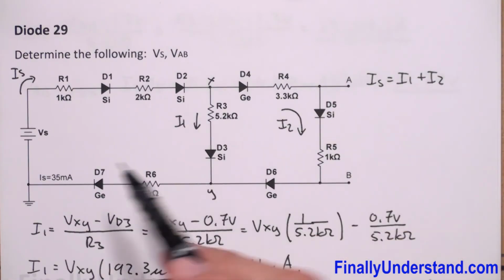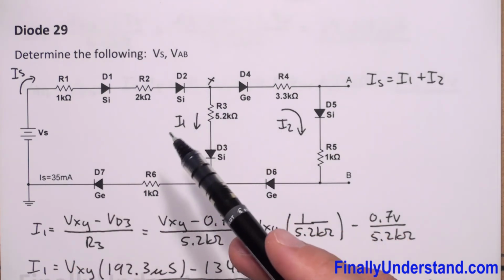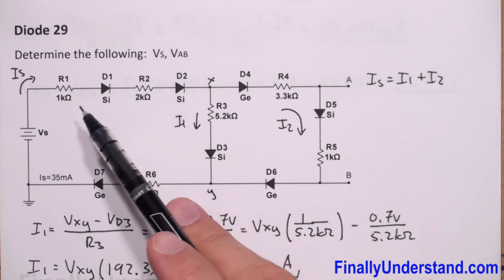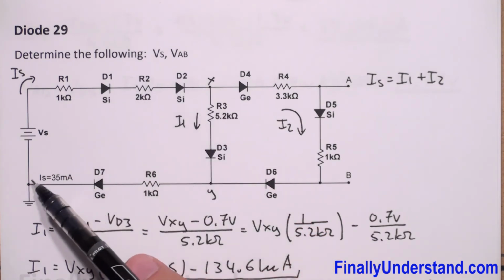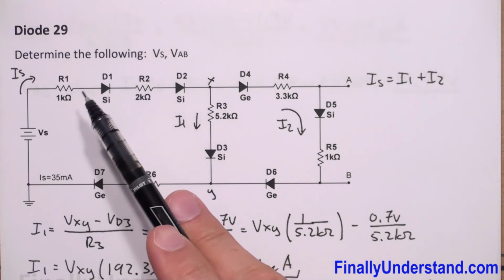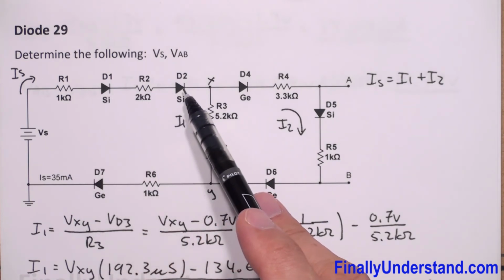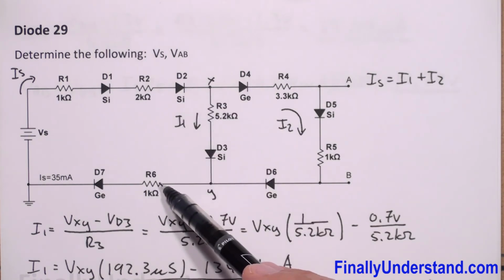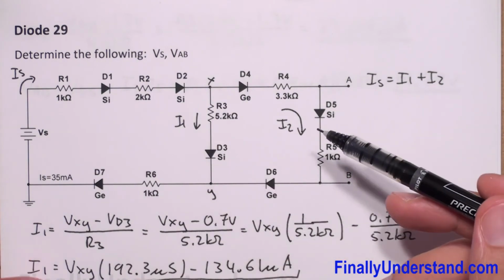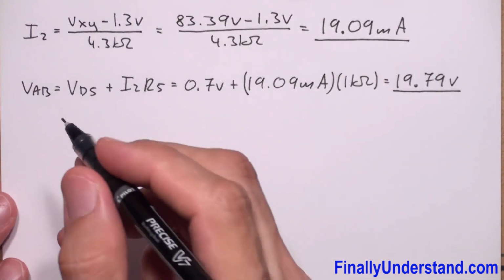Next, we are going to find the voltage source. Okay, and we are going to use KVL to do that. Simply, we are going to add the voltage drops in this loop. So we are going to add VR1, VD1, VR2, VD2, VXY, VR6 and VD7. Okay, so let me write the formula for it.